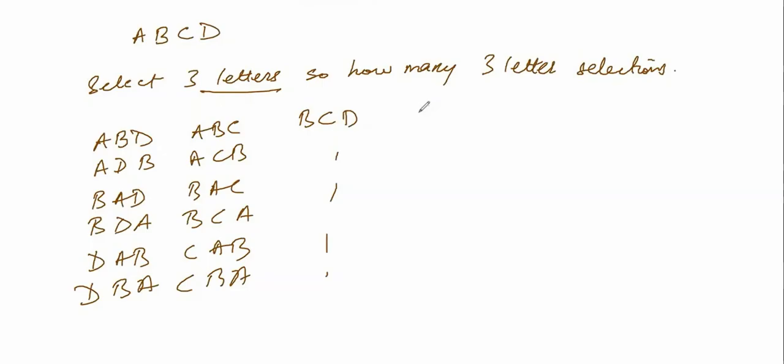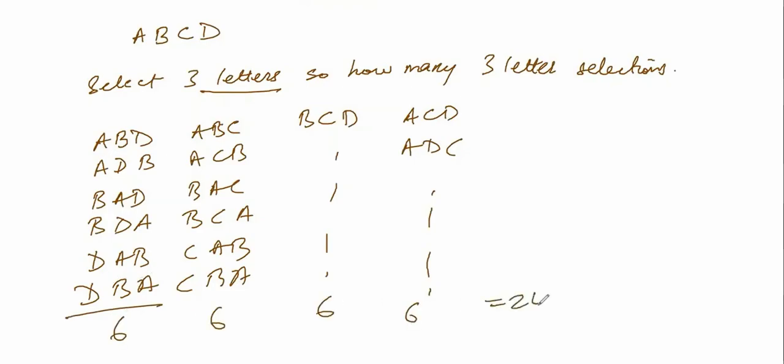Out here, I've already used ABD, I've already used ABC, I've already used BCD. So ABD is done, ABC is done, BCD is done, ACD, yeah, ACD. So I can have ACD options coming up, yeah, and 6. So out here, if this was an arrangement question, how many 3-letter arrangements I want, then you could say 6, 6, 6, 6, 24 arrangements.